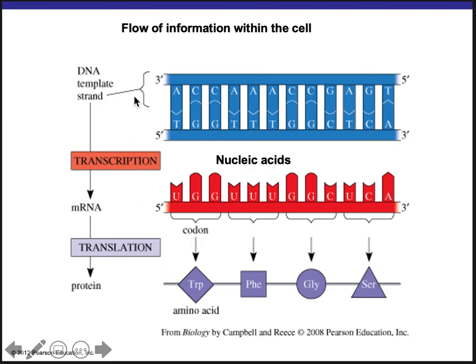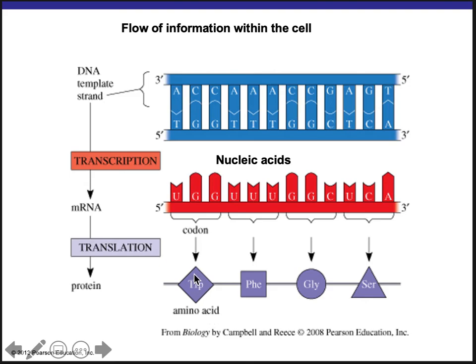And so we have nucleic acid in the first 2, right? DNA and RNA are nucleic acids, and then we end up with amino acid sequence, which will form a protein. So that's why we say translation. You translate from the language of nucleic acids to the language of amino acids.